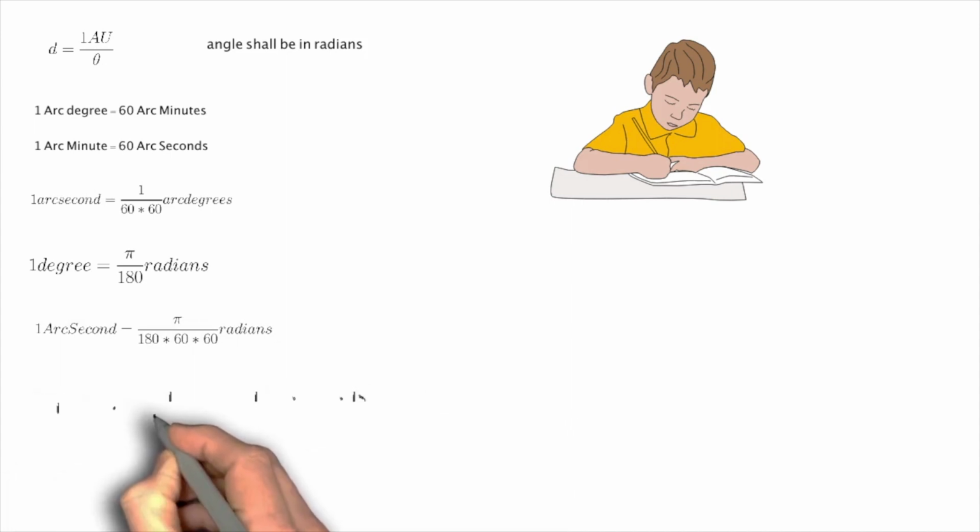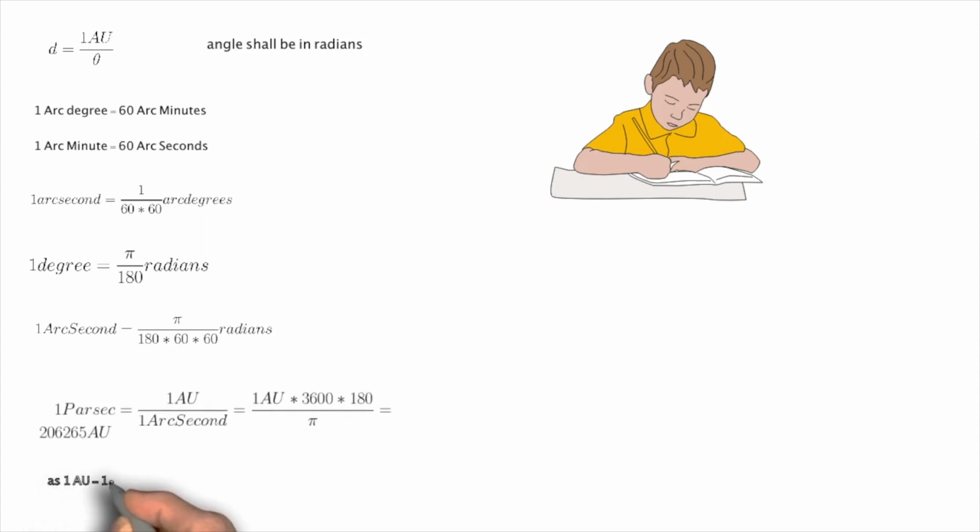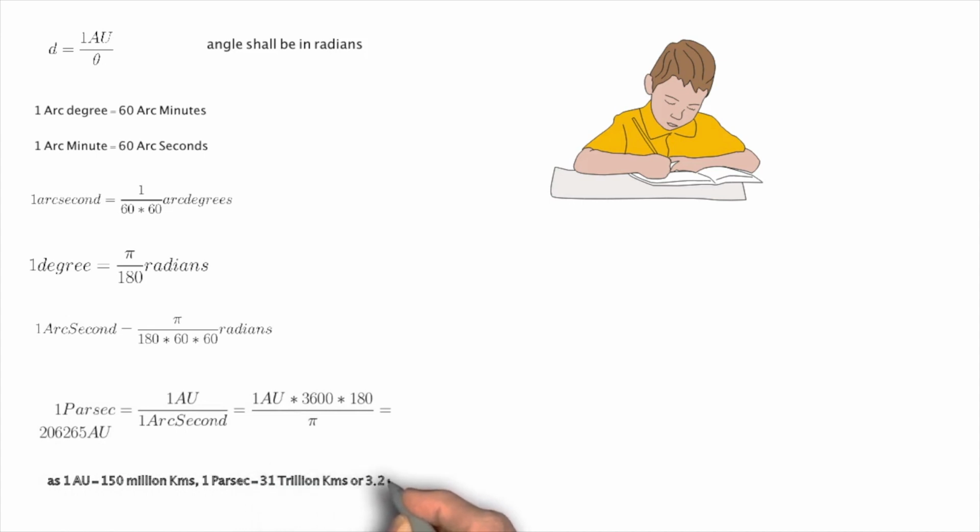So 1 parsec, as you can see, is 206,265 AU. 1 AU is the mean distance between Sun and Earth, 150 million kilometers. So 1 parsec is 31 trillion kilometers, or 3.26 light years.